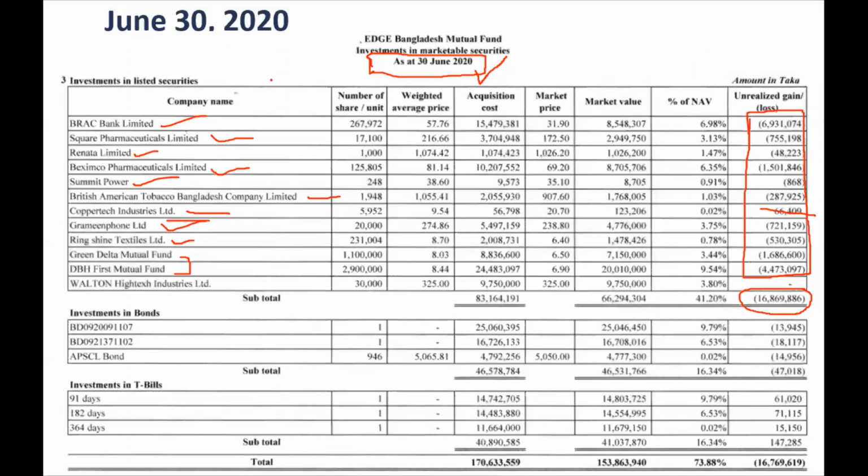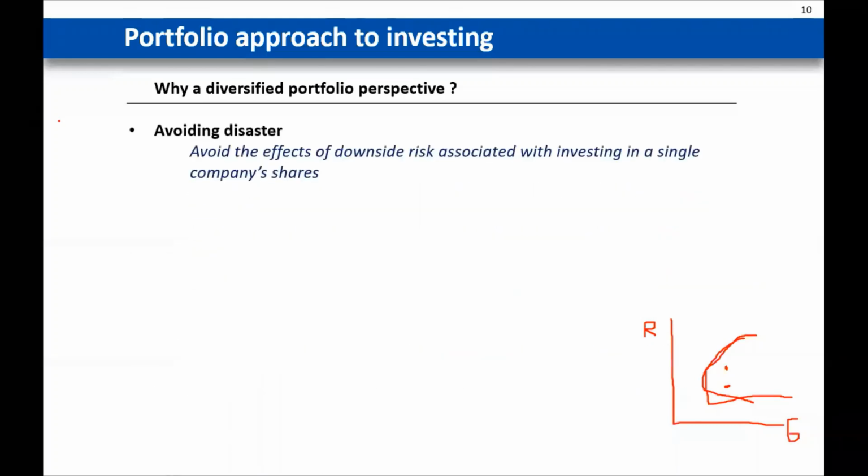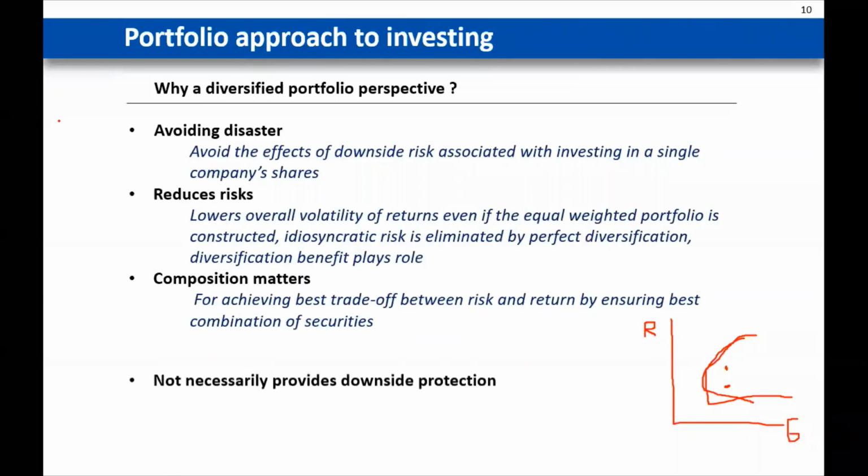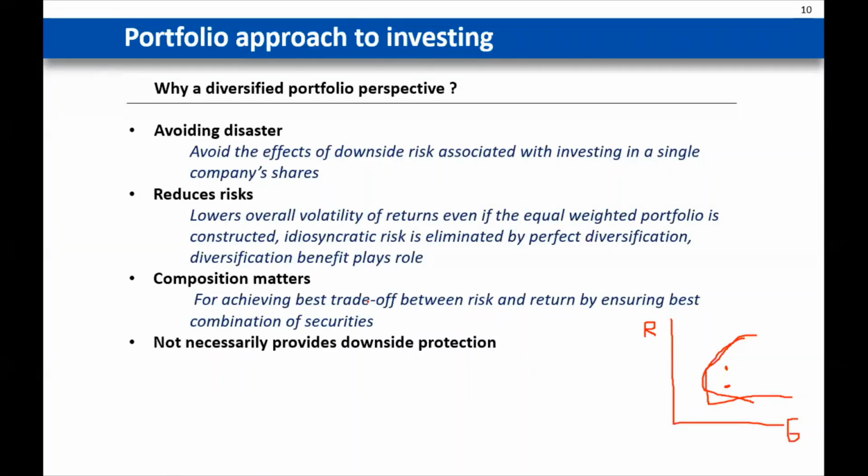So what I'm trying to make clear is, when the aggregate market goes down, when the aggregate economy goes down, portfolio diversification will not help you reduce the risk arising from downside protection. Have you got it? Sir, the downsides also come with opportunities.